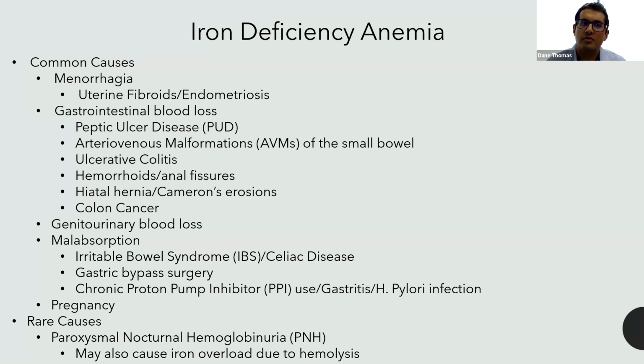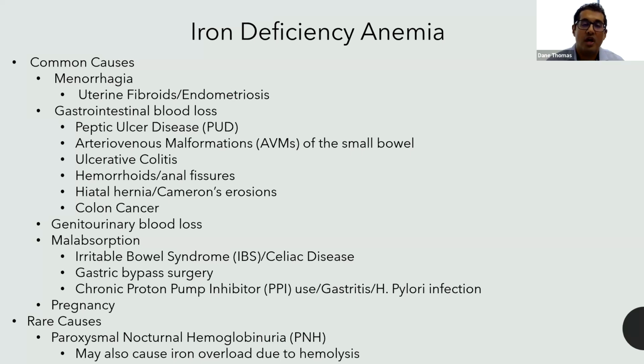Genitourinary blood loss can also cause iron deficiency. Malabsorption is another common cause of iron deficiency, and causes of malabsorption include irritable bowel syndrome, or IBS, celiac disease, surgical resections, which include gastric bypass surgery, and chronic proton pump inhibitor use, as well as gastritis and H. pylori infection.